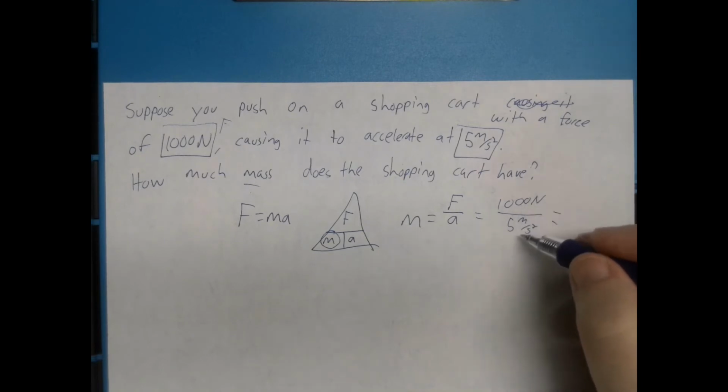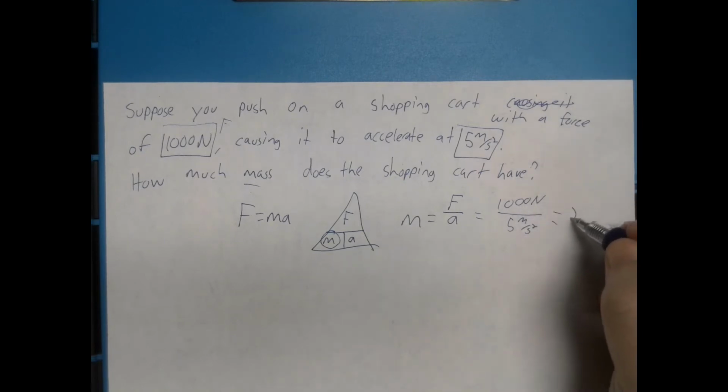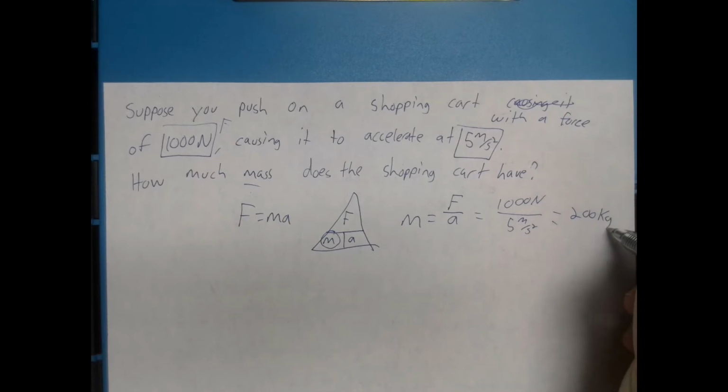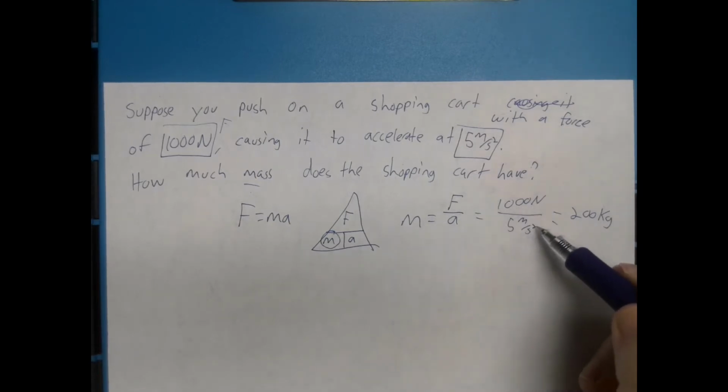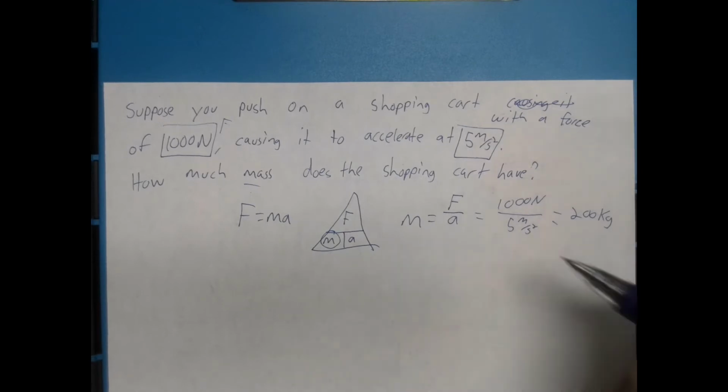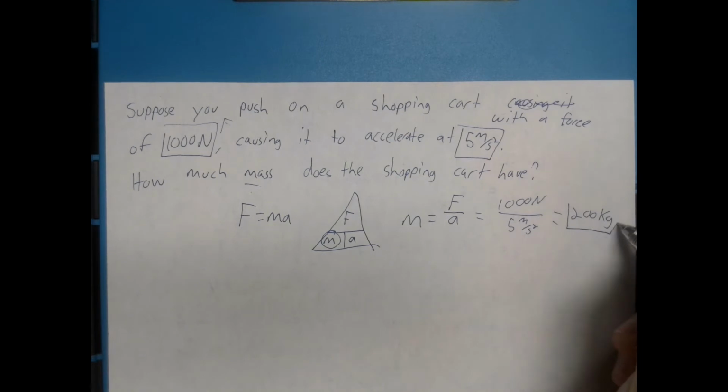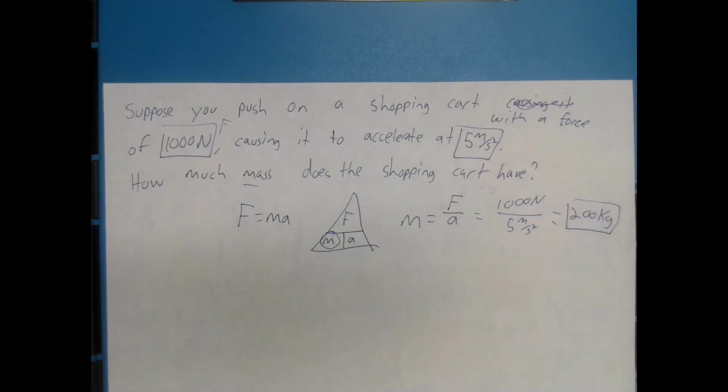So 1,000 divided by 5 is 200 kilograms. Again, if your force is in newtons and your acceleration is in meters per second squared, your mass is going to be in kilograms. Make sense?